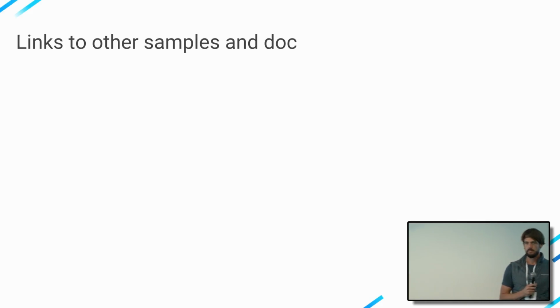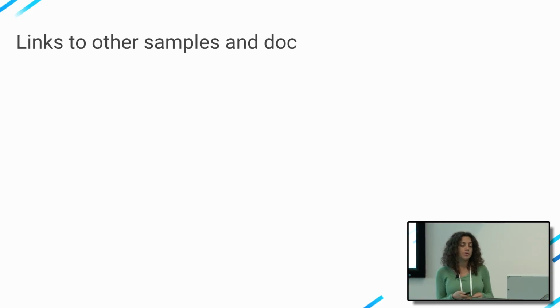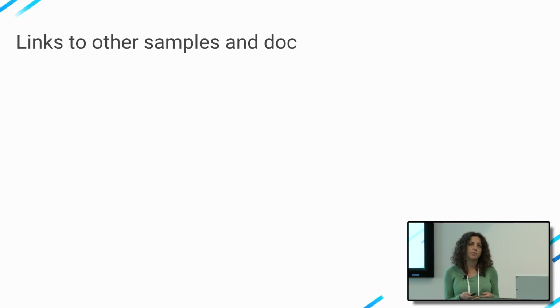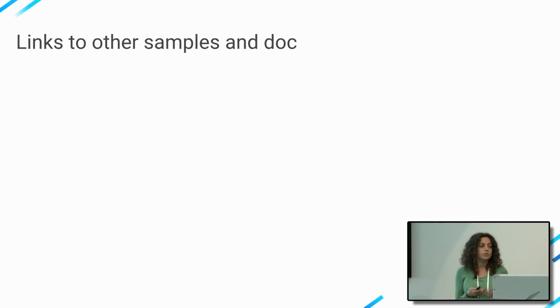And then when you write your own sample, try to add links to other relevant samples, as this will make it easier for a developer to see more cases, to see the component in action. And together with that, when you use an AMP component, always add the link to the AMP project official documentation website.